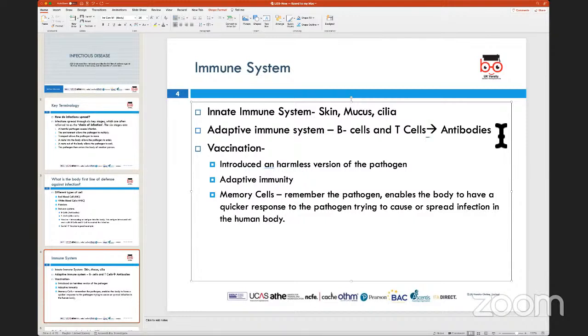So here, vaccinations are basically training the human immune system to defend against any specific disease without actually causing the illness.